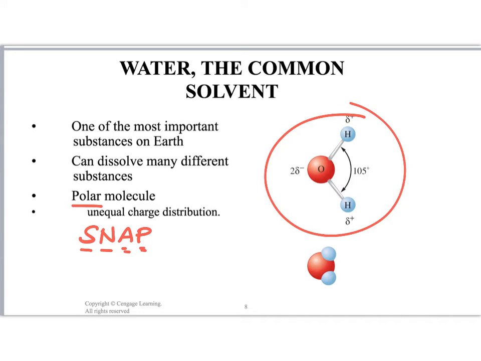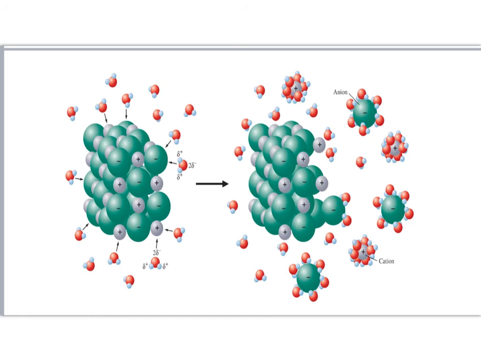They have an unequal distribution of charge due to the unequal electronegativity values of the hydrogen and oxygen, which gives the water molecule partial positive ends at the hydrogen and a partial negative end at the oxygen. Very important that you understand that. And there are two lone pairs of electrons. When we get into molecular structure, you'll be able to draw this in your sleep.